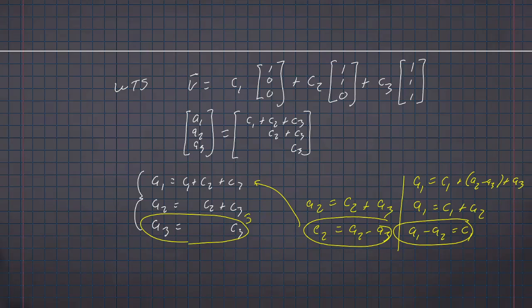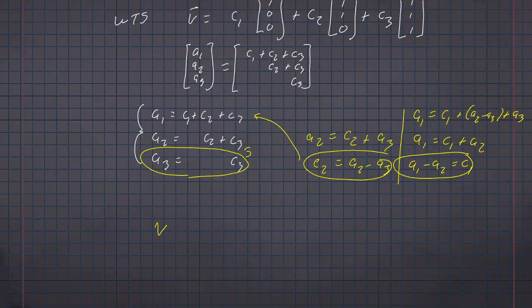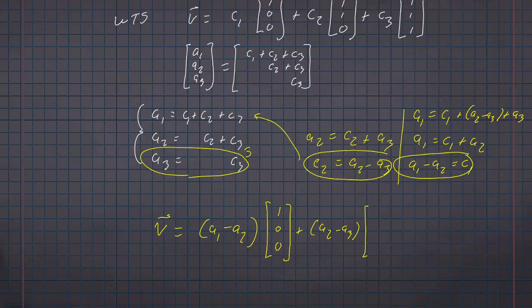And I get that I can write v as (a1 minus a2) times the first vector (1, 0, 0) plus (a2 minus a3) times the second vector (1, 1, 0) plus a3 times the third vector (1, 1, 1).